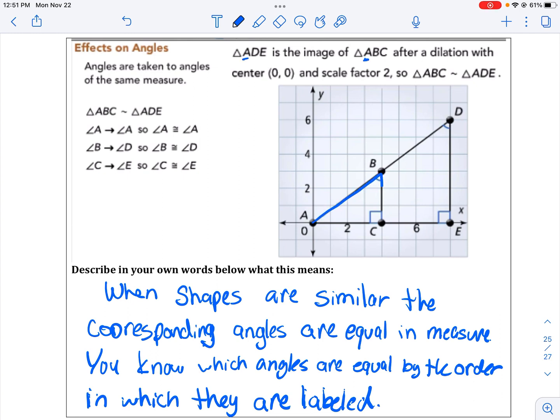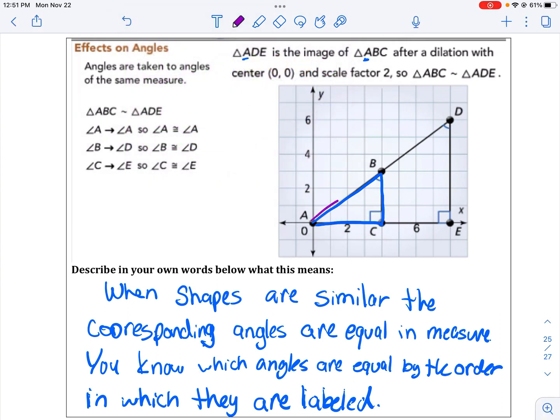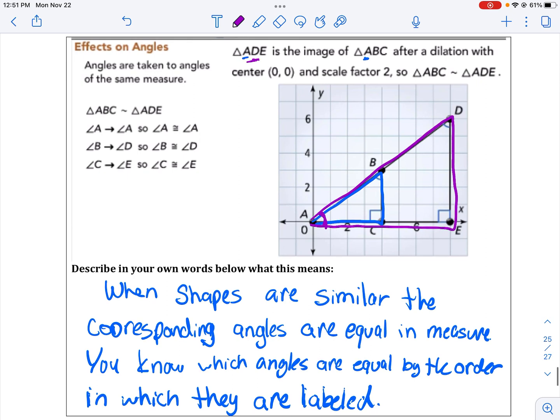So I have this small triangle outlined in blue, and then I've got this bigger triangle outlined in purple. Angle A is in both triangles. Angle D in my purple triangle is up here.